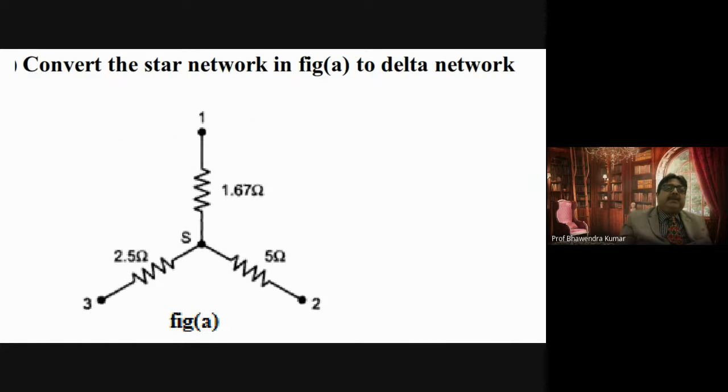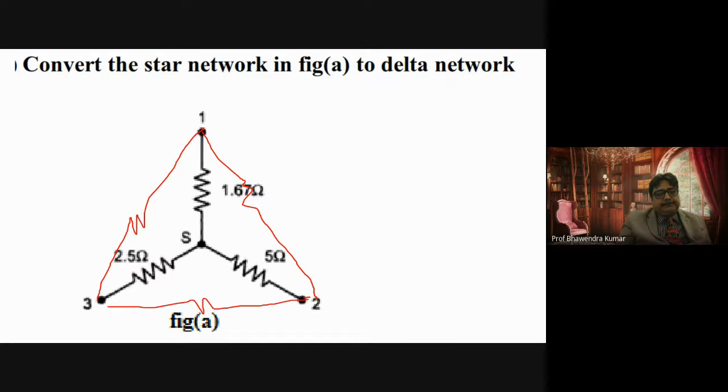Okay, let us try one question. Convert the star to a delta network. So what will be the equivalent delta network? It will be like this. Yes or no? Presently there is a star, and if you convert it to delta, then this resistance we can call R13, that is between node 1 and 3. This resistance will be called R12, and this will be called R23.